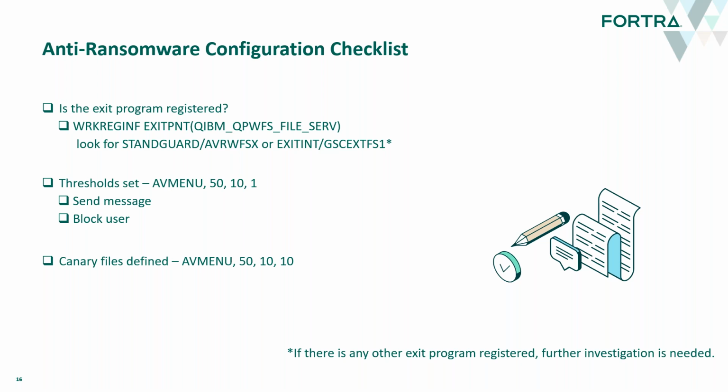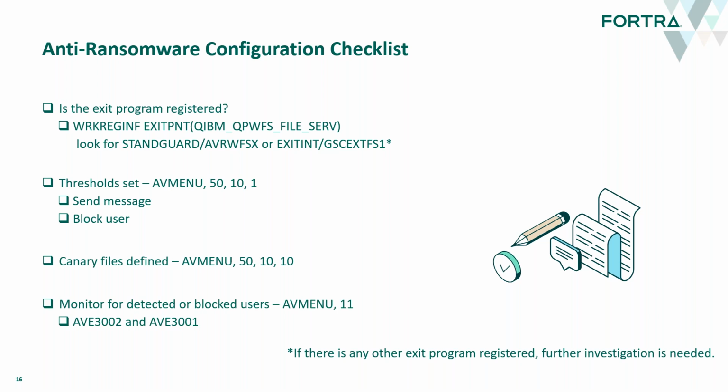You can call it anything you want. Name the file 2025 master payroll, but it's not going to have that good payroll information in it. And you're going to put it in as a canary file. And anybody that goes poking around and attempts to tamper with it, read, rename, encrypt, delete, we're going to block them. So that's, again, another layer of protection to add to what we're doing.